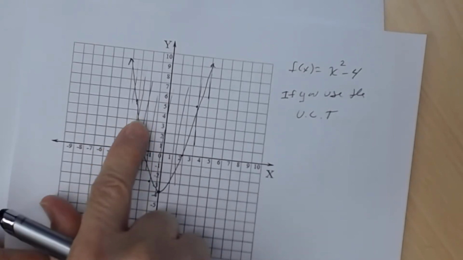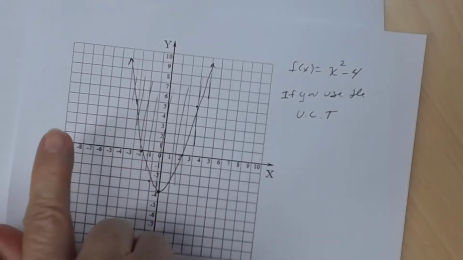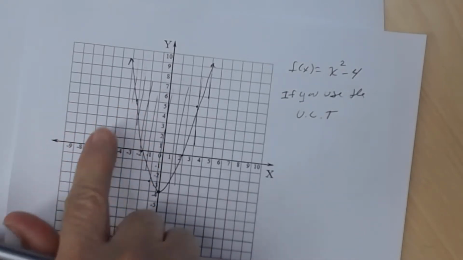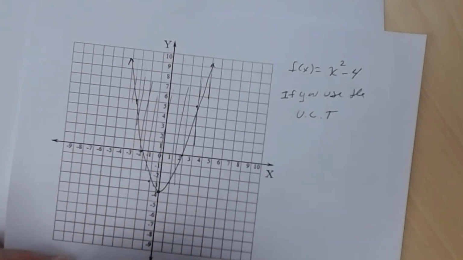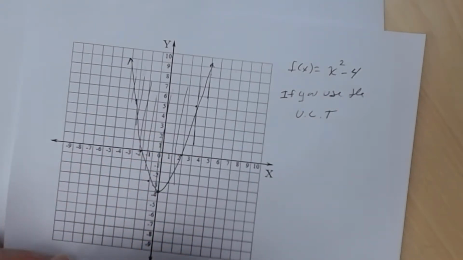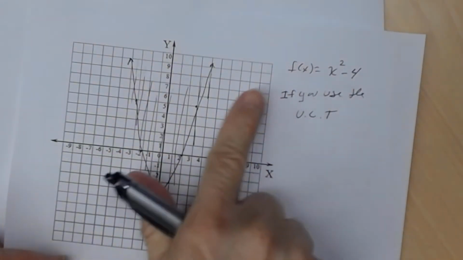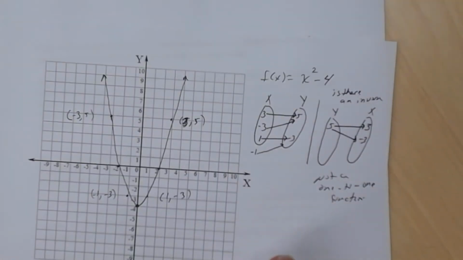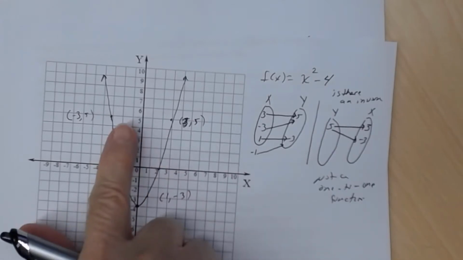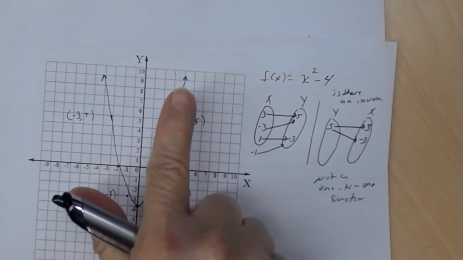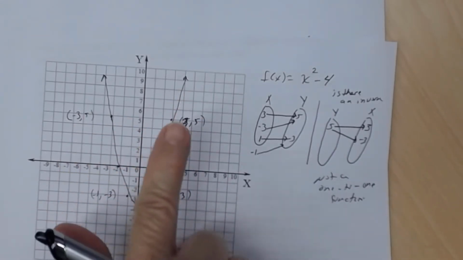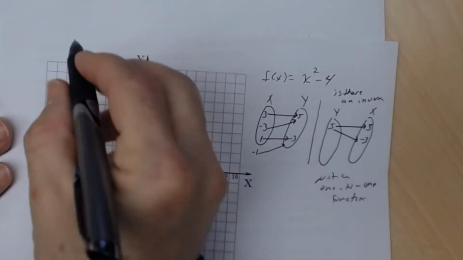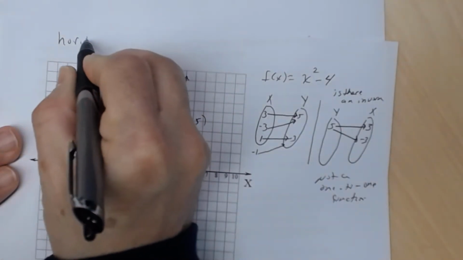There is a test that you can use to determine if a graph of a function is one-to-one. To determine if it's a function, we use the vertical line test. To determine if the graph of a function is one-to-one, we can use the horizontal line test.